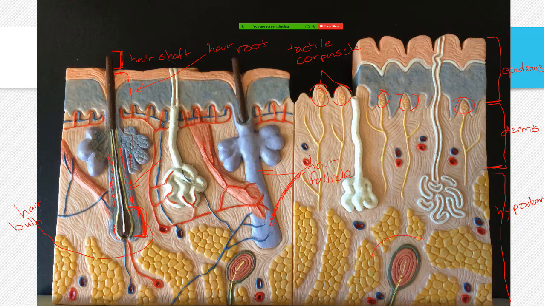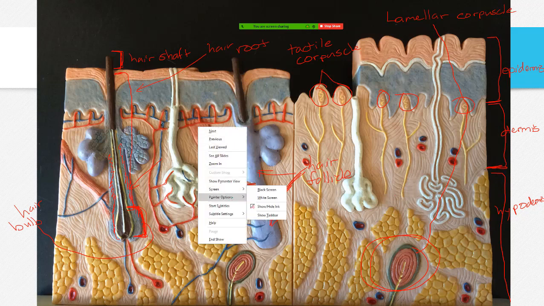How about if we go down deeper in? This is for deep pressure down here. This is the lamellar corpuscle, also known as the Pacinian corpuscle. So either one is fine. How about this red structure over here?